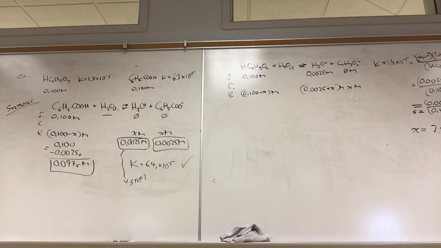So let's take the percent change. The biggest percent change will be 7.2 times 10 to the negative 4 over the smaller initial. This is going to be 0.0025 times 100%. 28.8%, which means that the simplifying assumption had failed, so we can't do it.